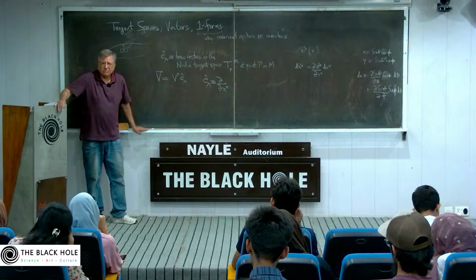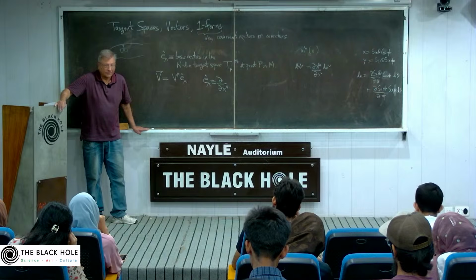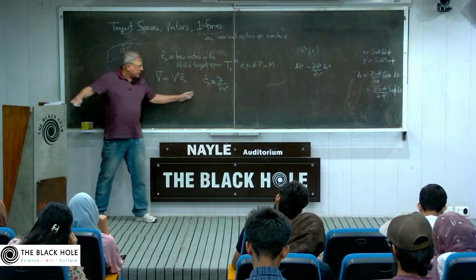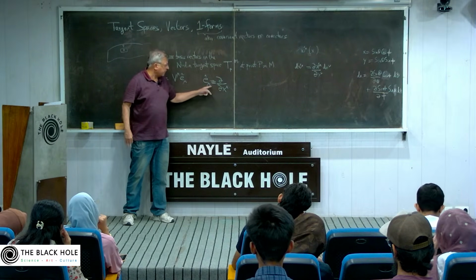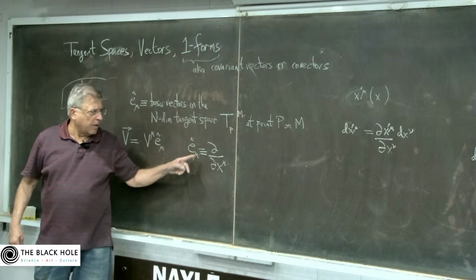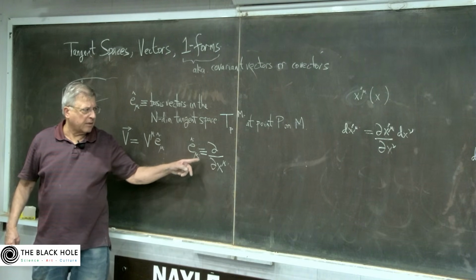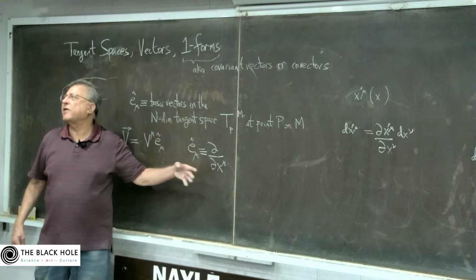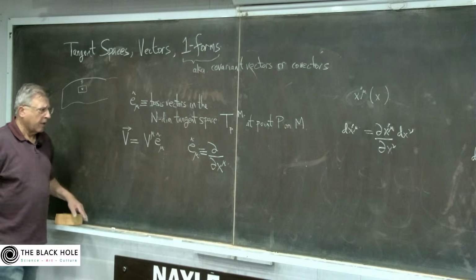This is so unconventional, you haven't seen this before. But it sort of makes sense, and it'll make more sense as we go along, that if you're putting mu equal to 1, then this is the rate of change in the one direction, etc.